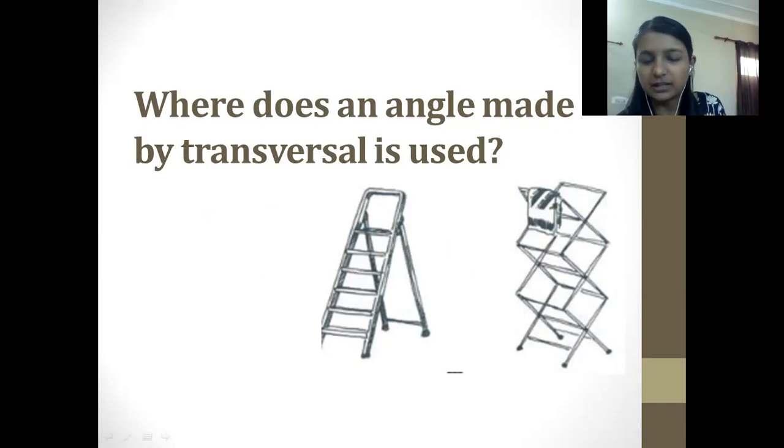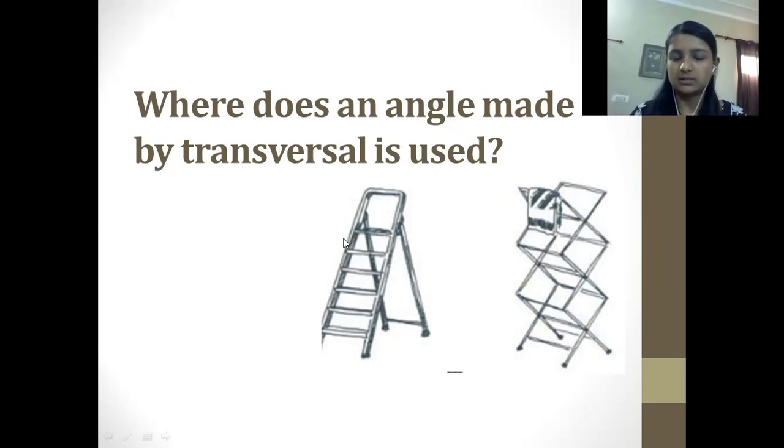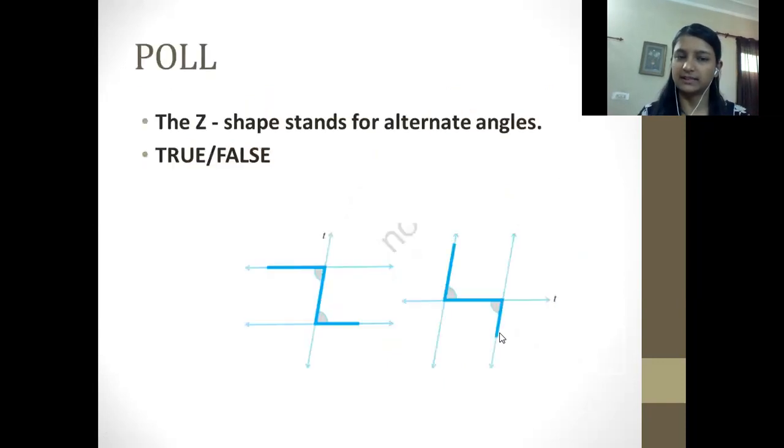In this also, you can observe a transversal line, but these were in the vertical case, there were two lines only. But now you can see that if we are joining two parallel lines, we can notice that one line is cutting in between. So when two parallel lines are cut by one line, it is a transversal. So we are learning about the angles which are made by a transversal. You can see from this now, one line is cutting several lines which are making transversals. Okay, these were two examples for the same.